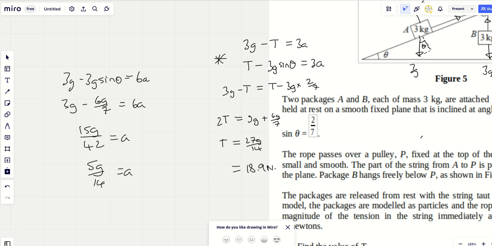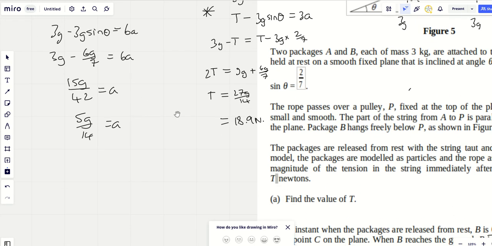Right, 21 minus 6 divided by 7. 3g times 2g over 7. Oh, 3g times 2/7 is 6g over 7. That looks fine. Yeah, let me just check that. 5 times 9.8. Oh. Divided by 14.